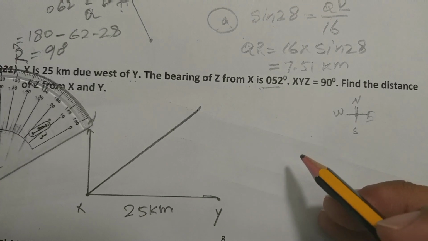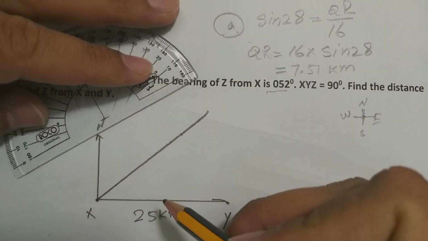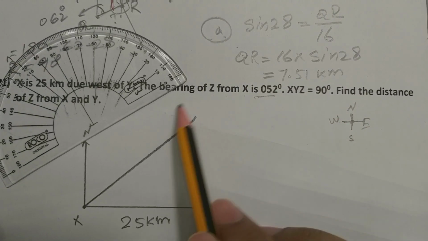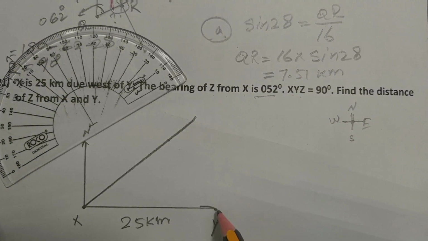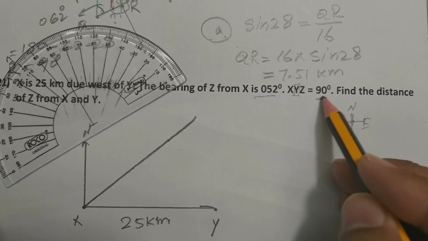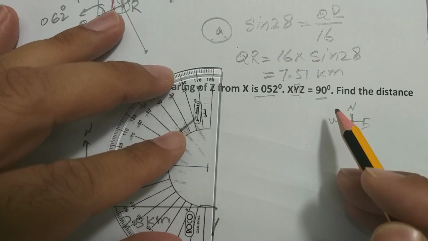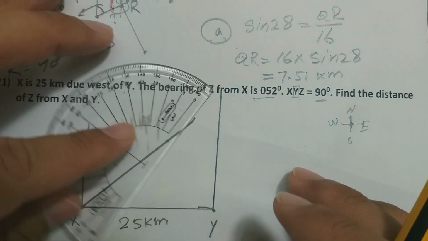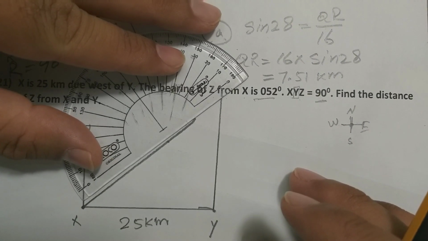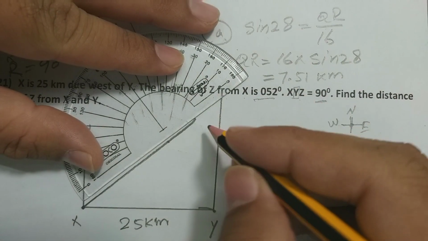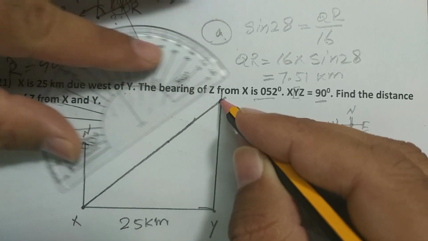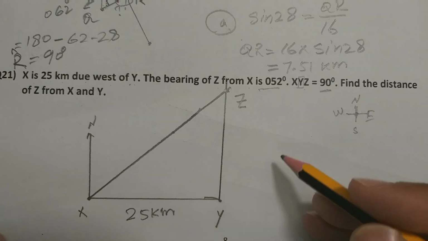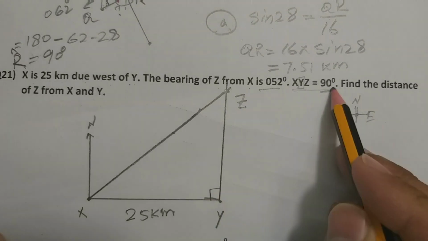Okay, Z somewhere here, X, Y, Z, so it means Y has angle 90 degrees. Draw the line on it and extend this line. It touches the perpendicular line at this point. This is called the Z point. Now this is a right angle as given in the information.